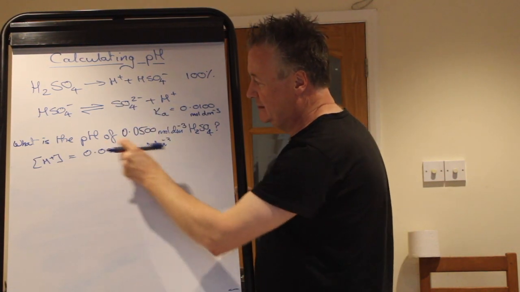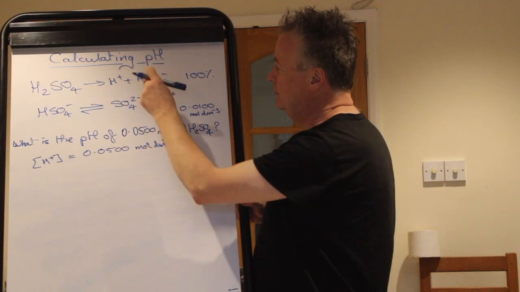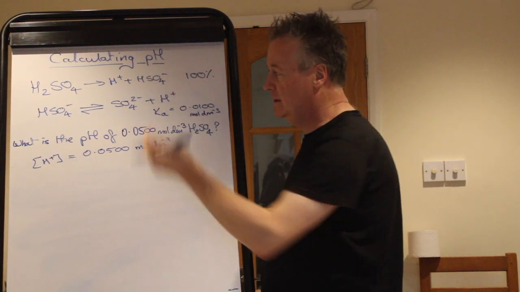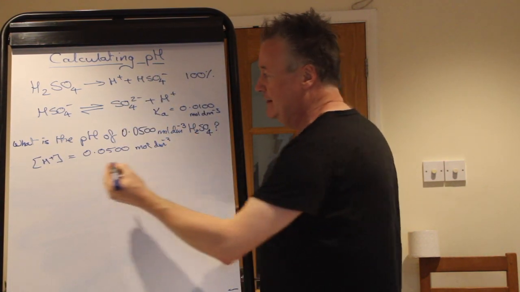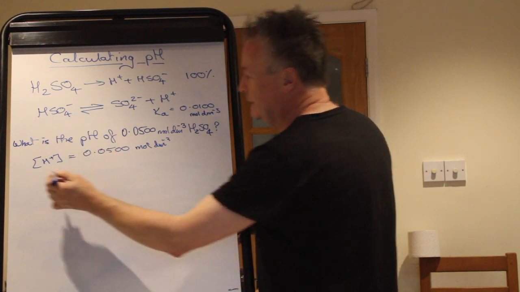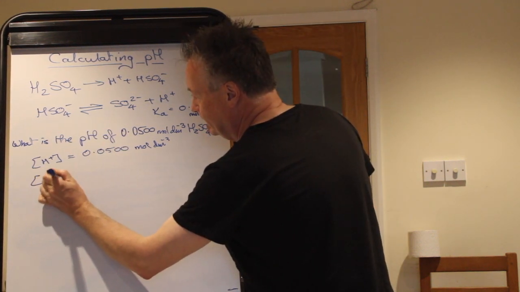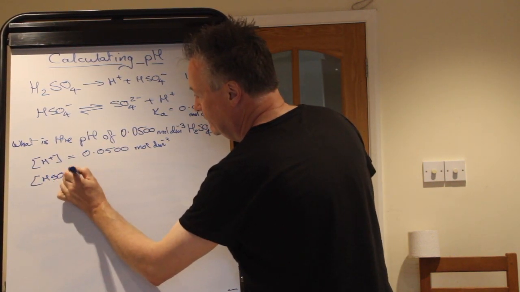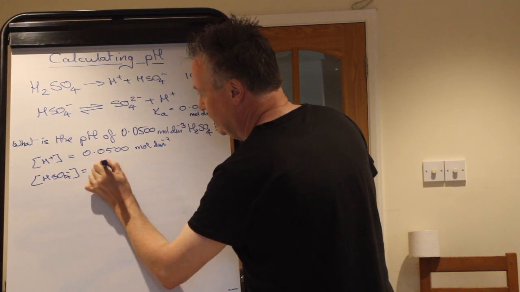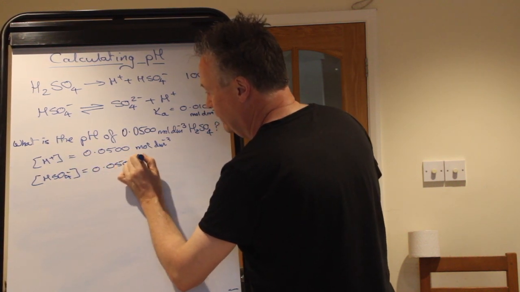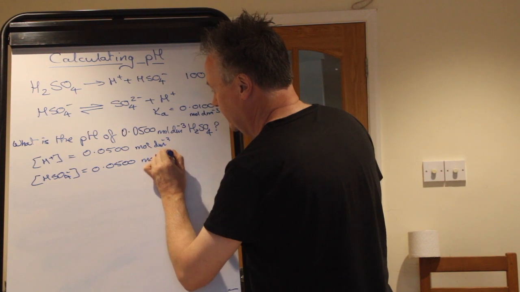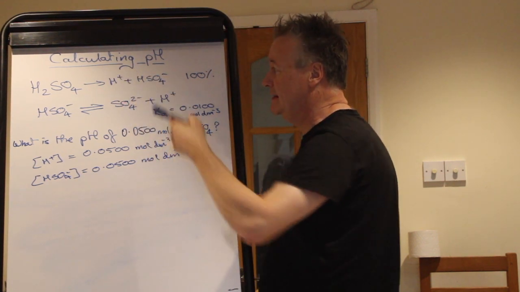So this is the first H+ concentration, but it's also the hydrogen sulfate ion that feeds into the second one. So the concentration of hydrogen sulfate is the same as that there because of the way that equations work. Obviously you can't make one without the other.